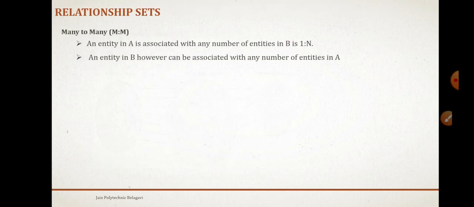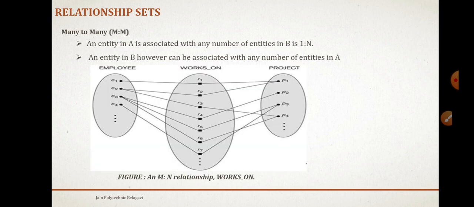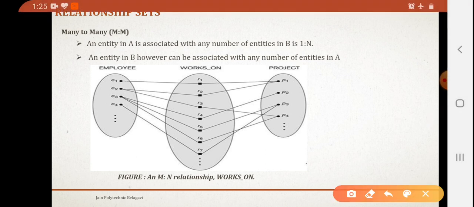Next we see many to many. An entity in A can be associated with any number of entities in B, and an entity in B can likewise be associated with any number of entities in A. Let's consider the figure below.